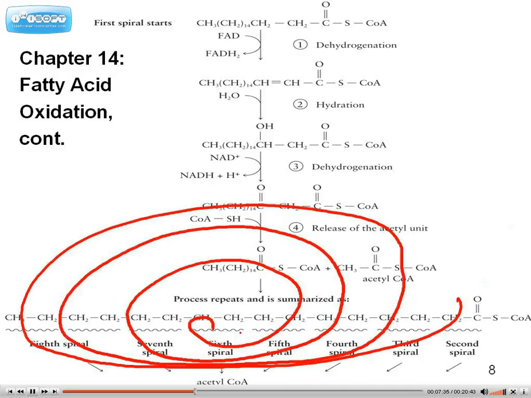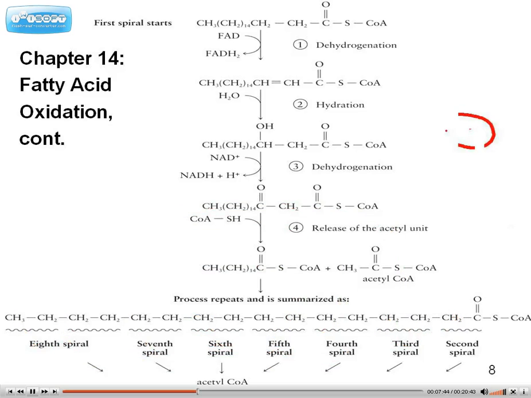Because what's happening is we're degrading it 2 carbons at a time. Whereas the Krebs cycle, where everything is constantly regenerated in a nice, perfect circle, in a spiral, we're degrading it.